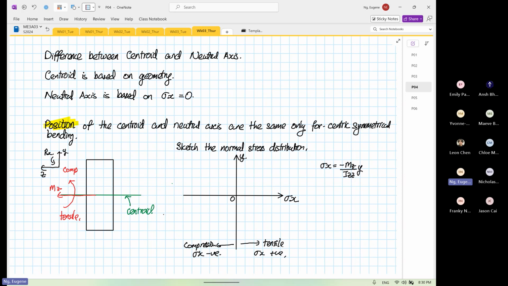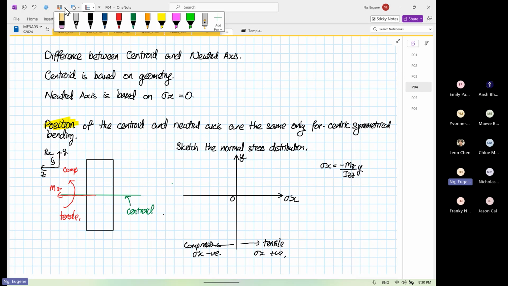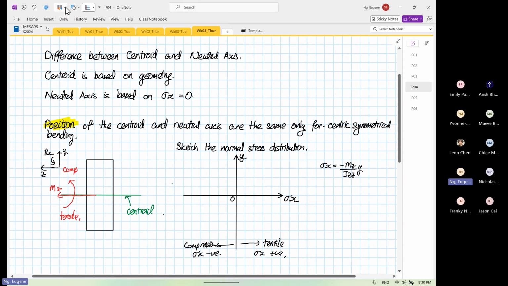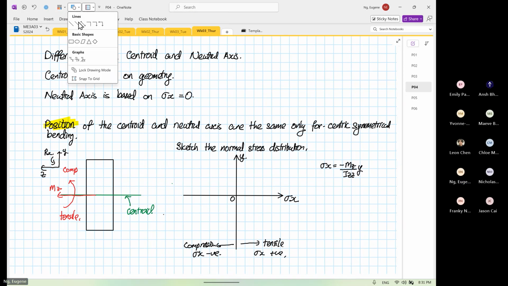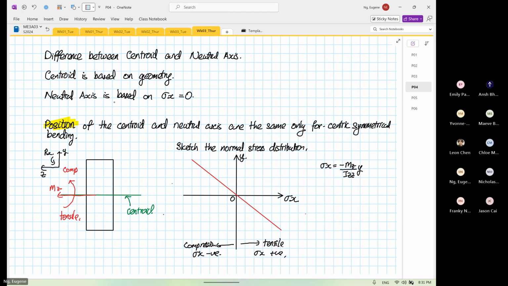So we know that anything on top of our centroid is 0, or is in compression. So this is how our stress distribution will look like.